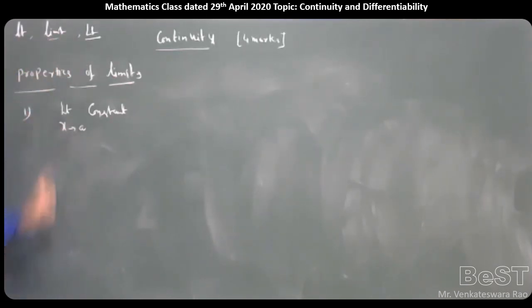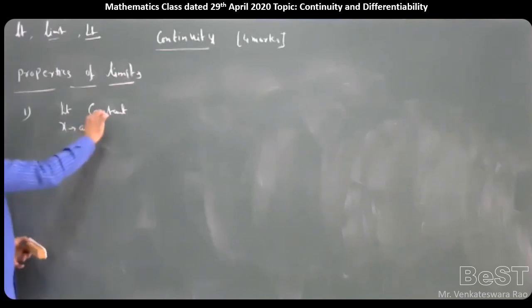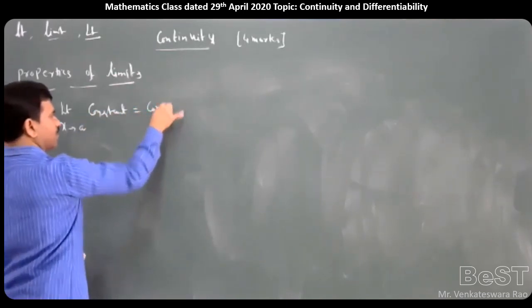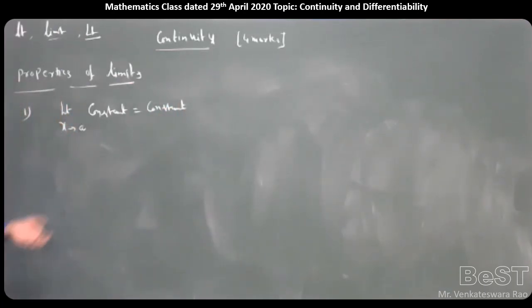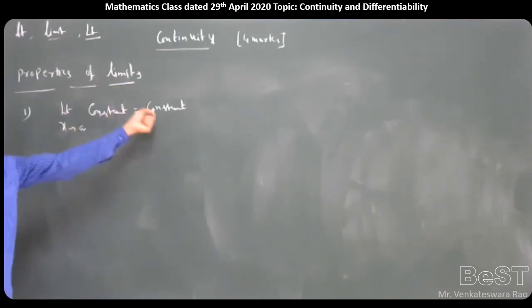This is limit, and just below it write x tends to a constant. Always a constant only. Limit of a constant. For example, limit x tends to 7, you will get 7 only, because 7 is a constant function. Limit x tends to 10, the answer is 10. So the limit of a constant is always that constant.